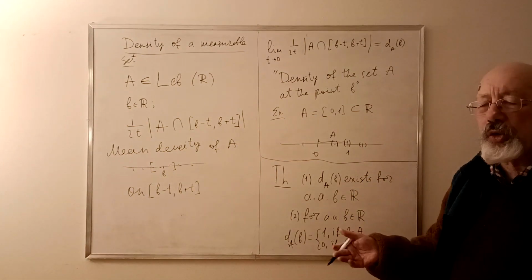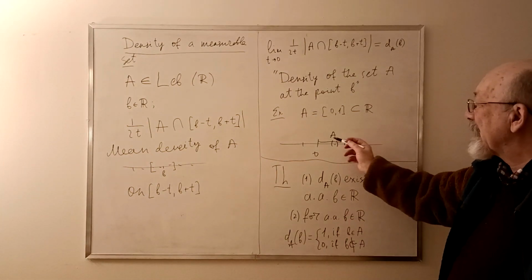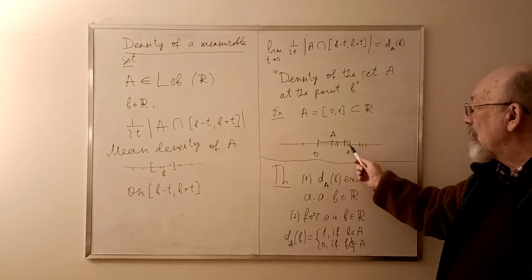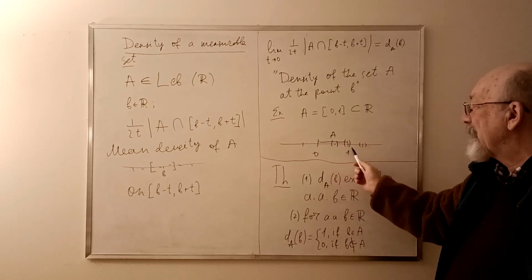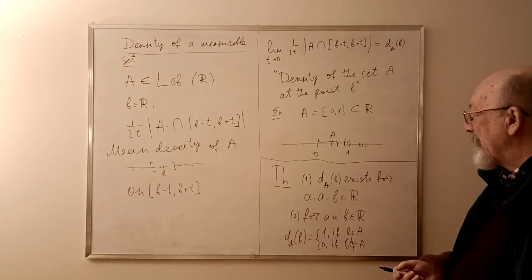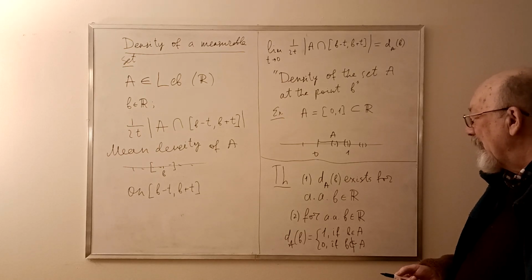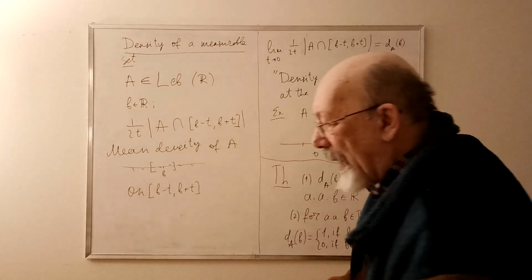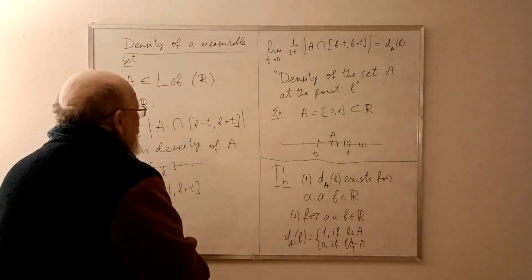It is like in this example, where we have two outliers, the points 0 and 1, but they have measure 0. So how is it proved?